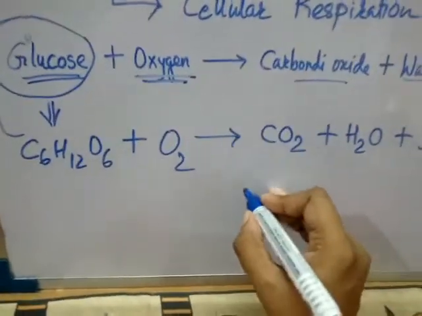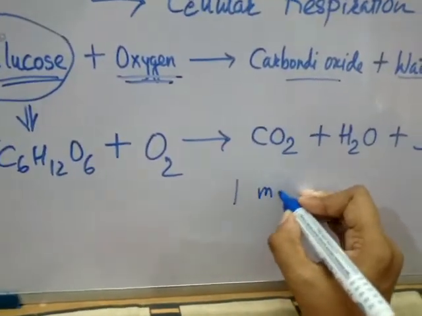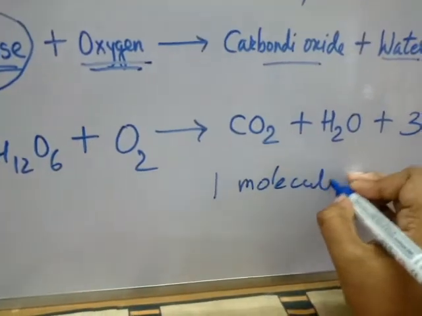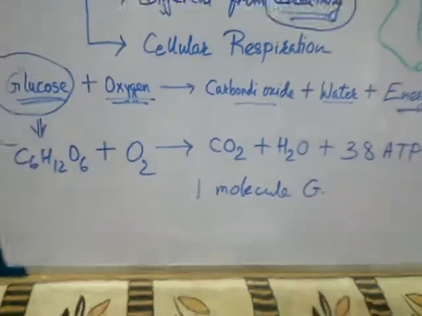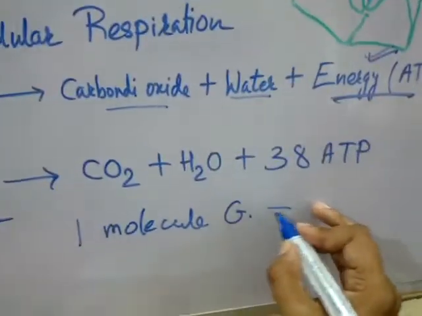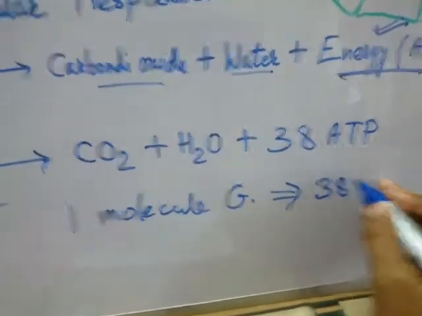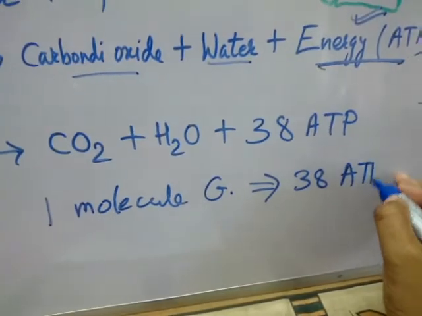One molecule of glucose results in the release of 38 ATP molecules.